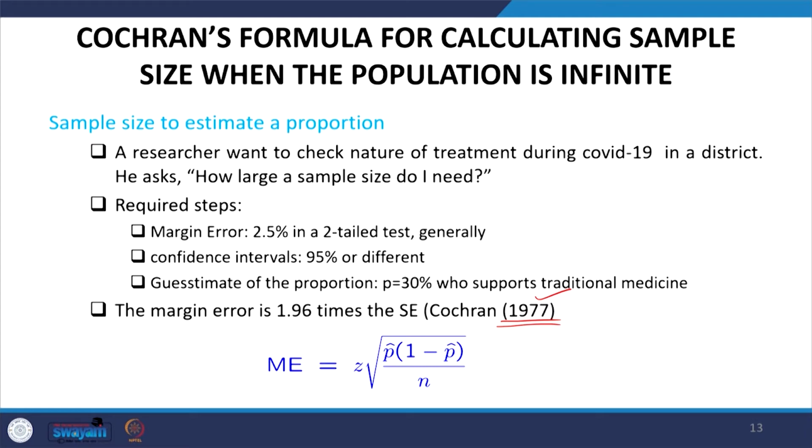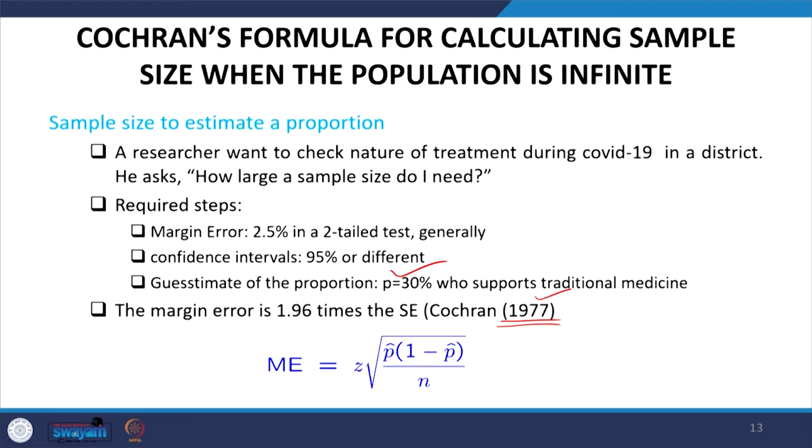If it gives margin error and confidence interval, and if any proportion is not given, some guesstimates could be taken. Suppose you are testing how much sample size we should take to understand the nature of treatment during COVID-19.